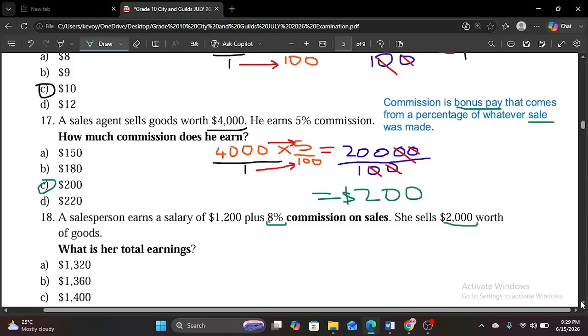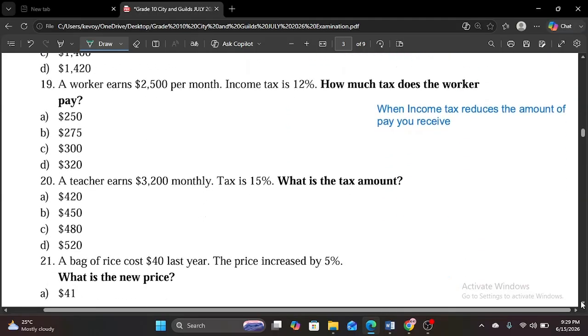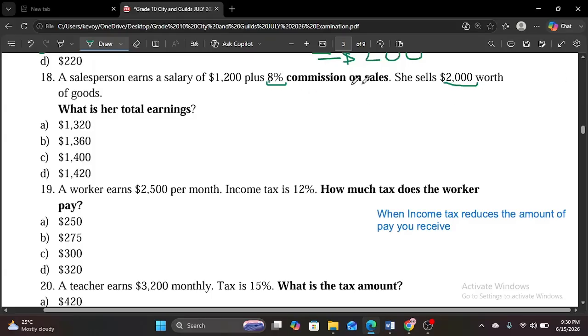All right, so going back down here, we're gonna have to find our commissions and then we're gonna add it to the salary. So 8% of 2,000. So I'm gonna write my 2,000 and then I'm gonna multiply it by 8%, that's gonna be 8 over 100.